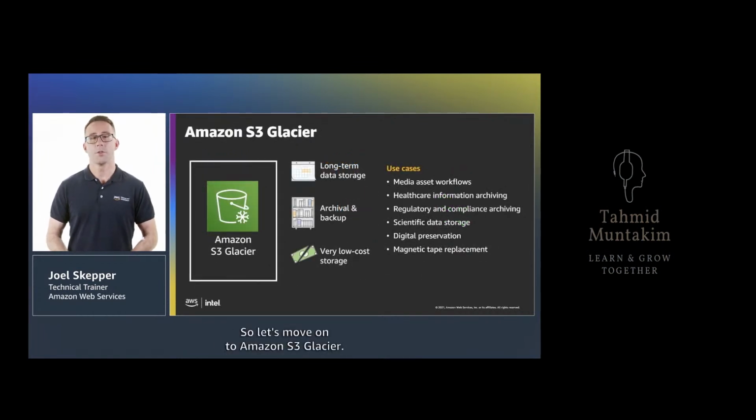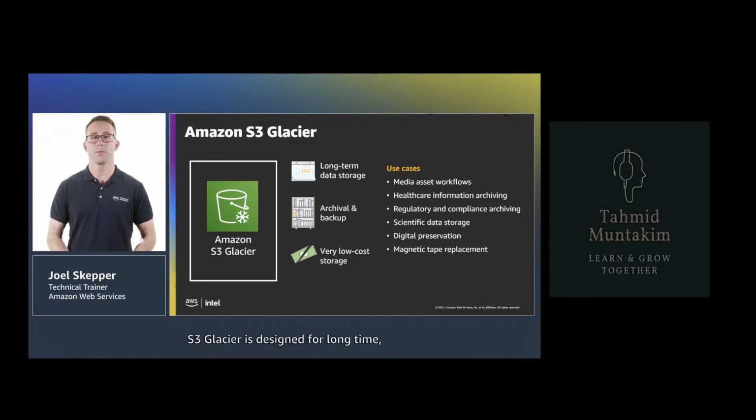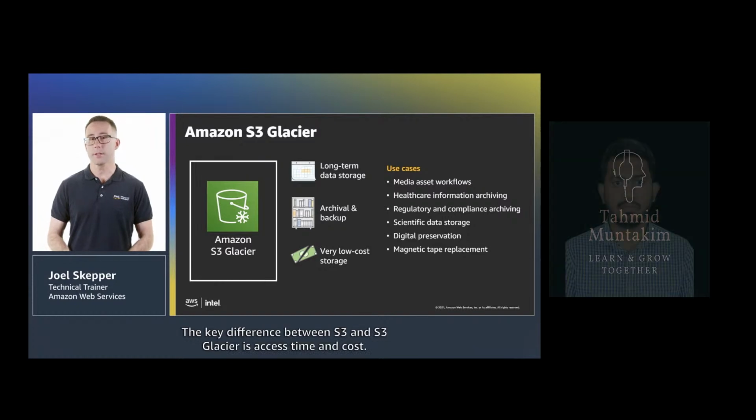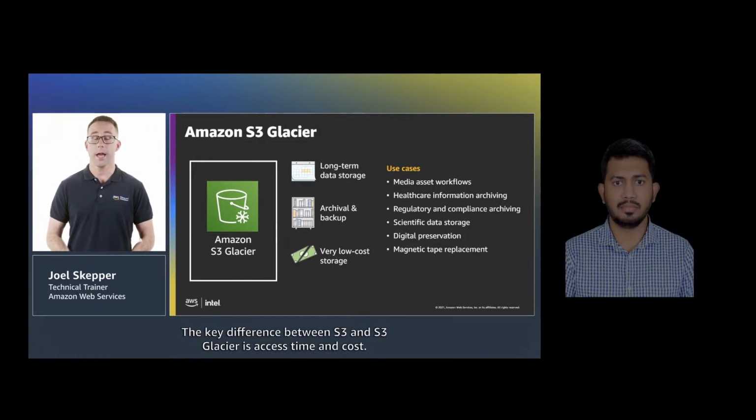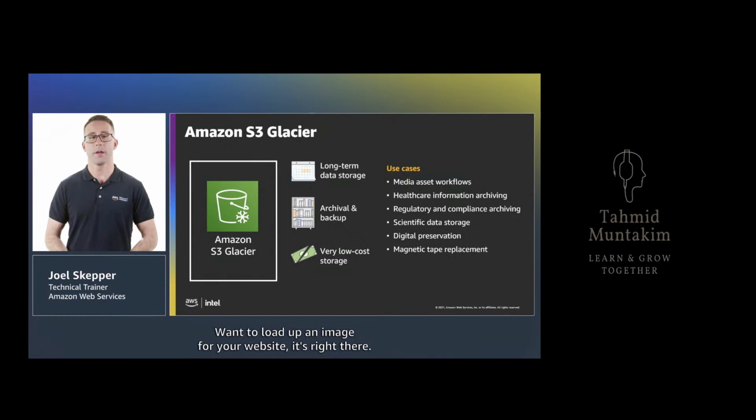So let's move on to Amazon S3 Glacier. S3 Glacier is designed for long-term, infrequently accessed archival and storage. The key difference between S3 and S3 Glacier is access time and cost. With S3, objects are immediately accessible. Want to load up an image for your website? It's right there.